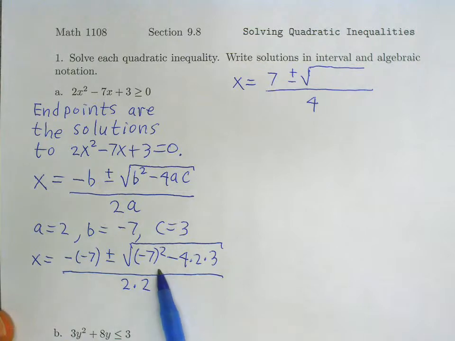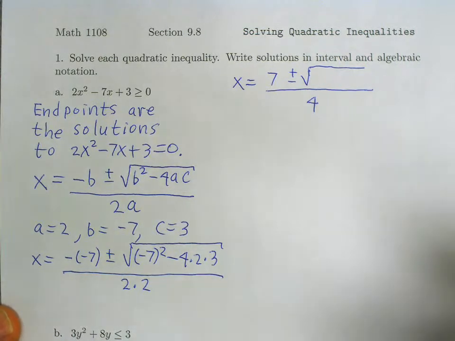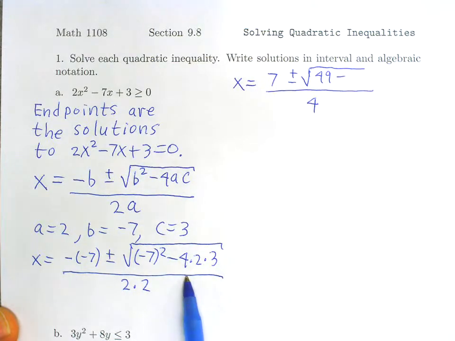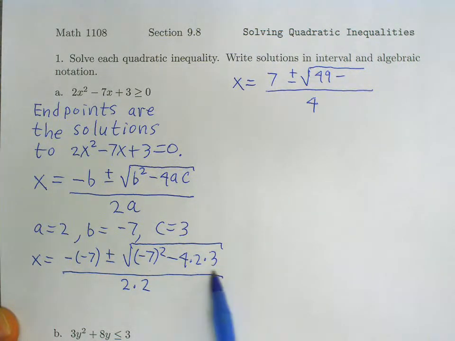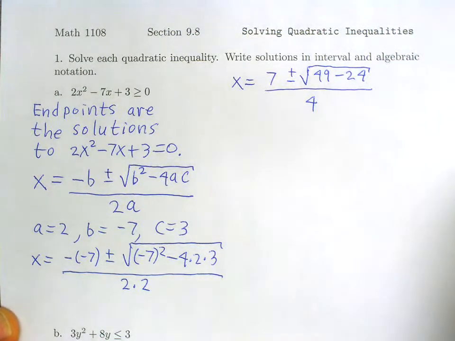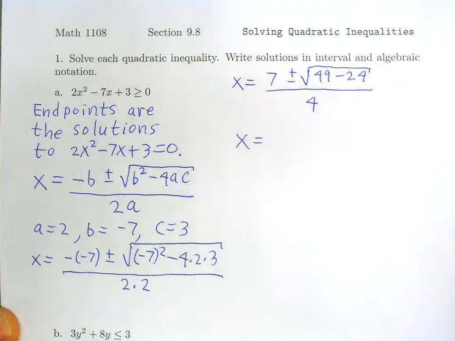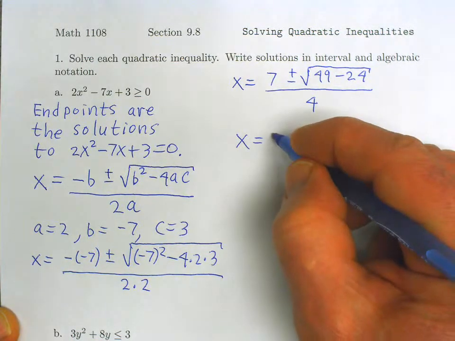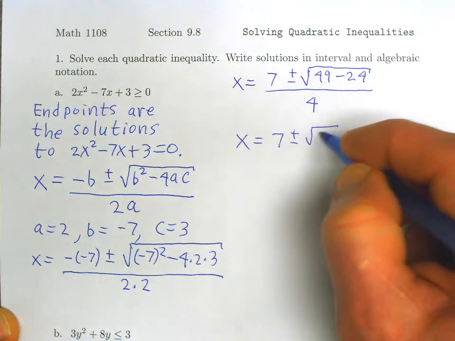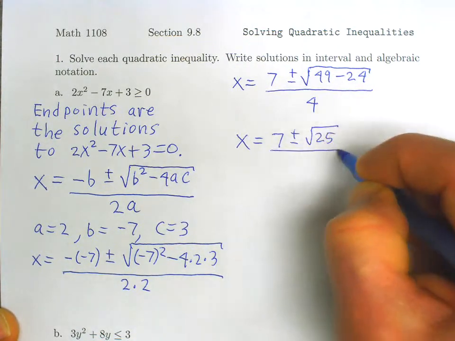Inside the square root, negative 7 squared is 49, and we're subtracting 4 times 2 times 3, which is 24. This works out nicely because 49 minus 24 is 25.